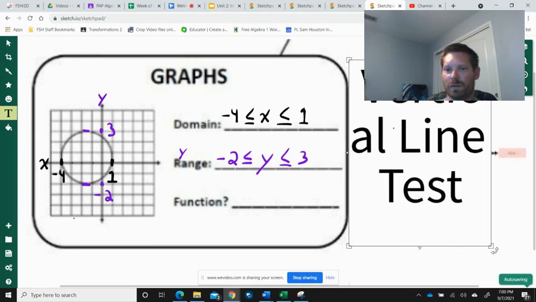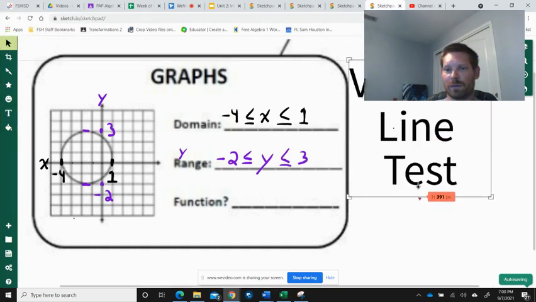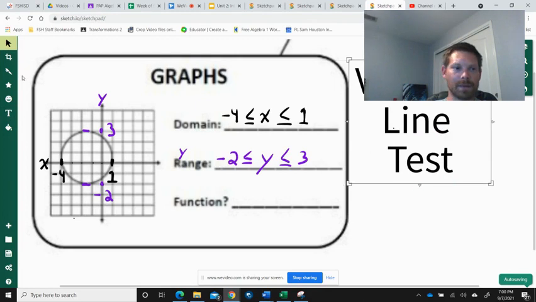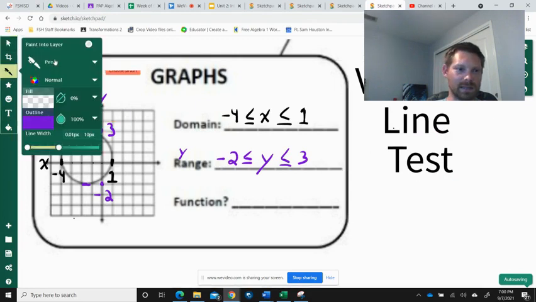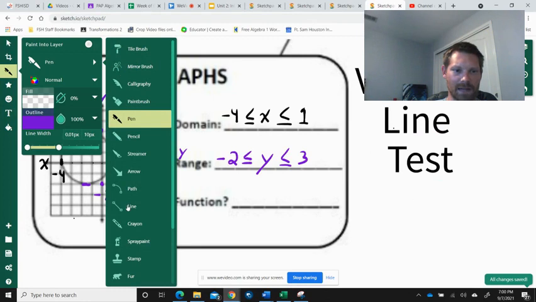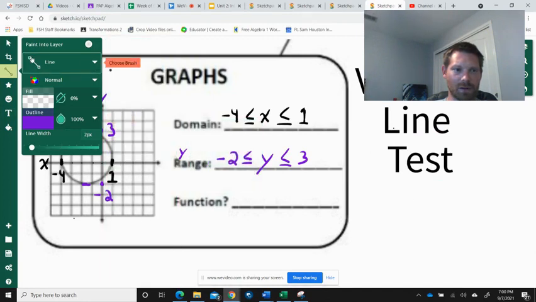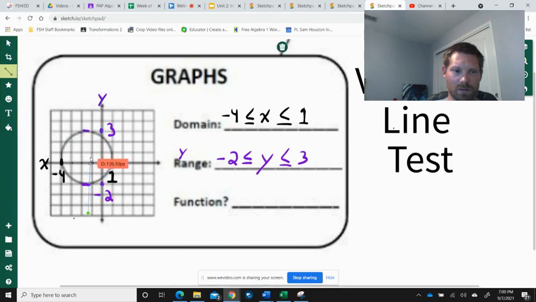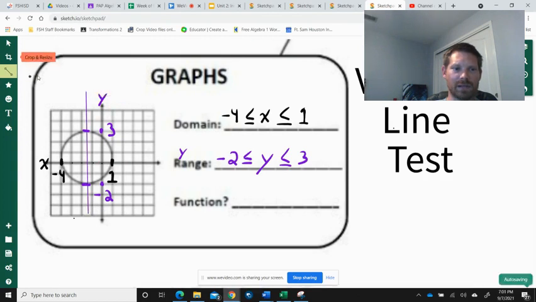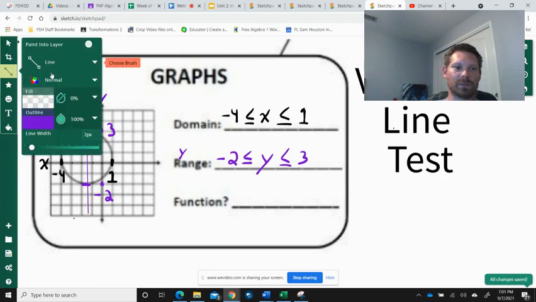A vertical line test is as simple as drawing a line through the function anywhere. And if it touches the line more than once, it is not a function.